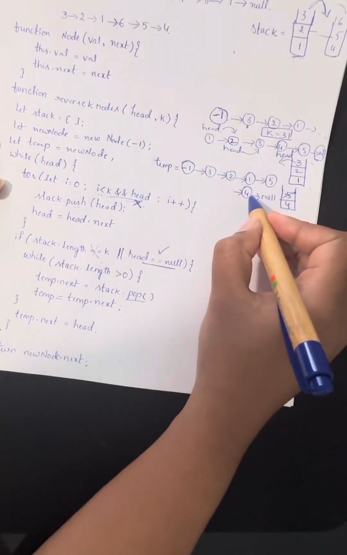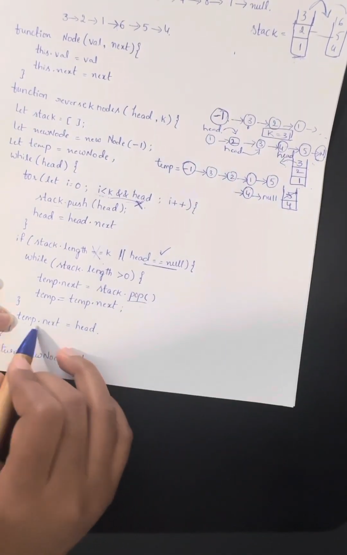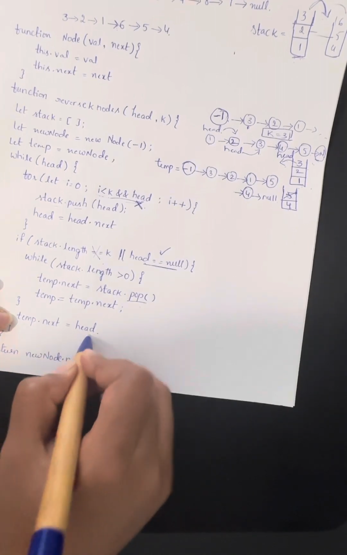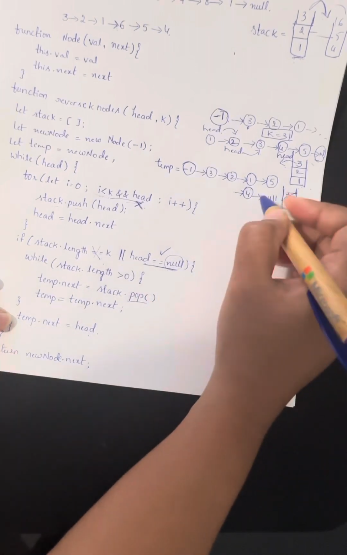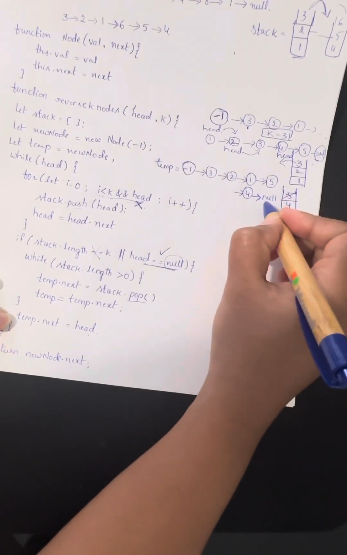Next, temp dot next equals head. So now we have head equals null. So this 4 dot next becomes null.